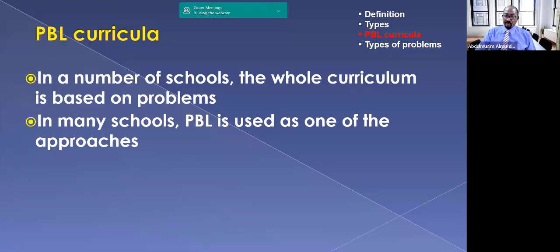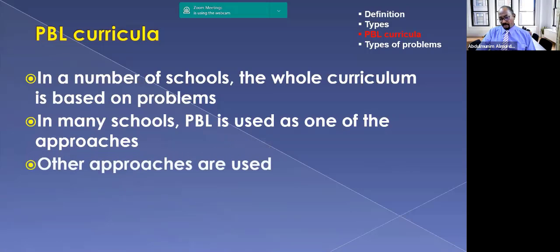And in those curricula, which are in a sense hybrid curricula, different amounts of problem-based learning are used. So you can say, well, I am going to use it in 10% of my courses, 25%, 50% of my courses, etc. So it is not necessary to convert the whole curriculum into problem-based.